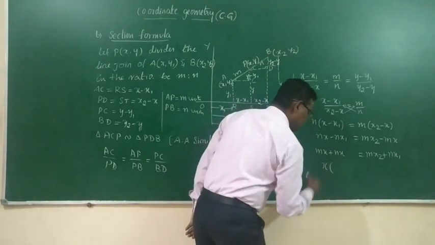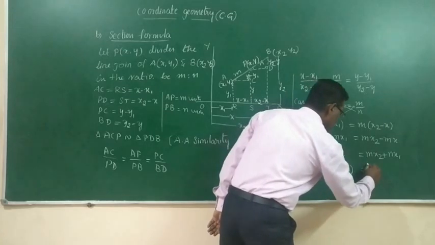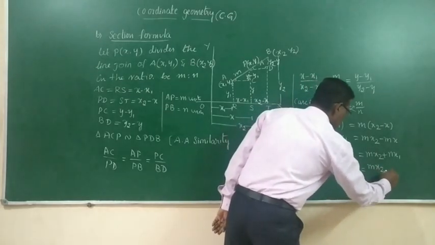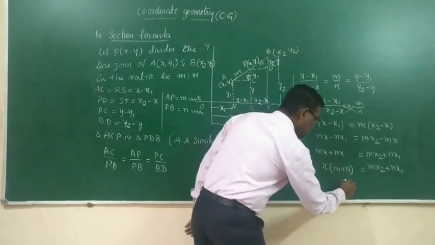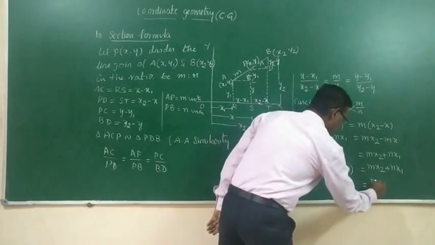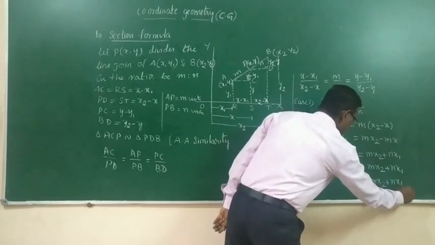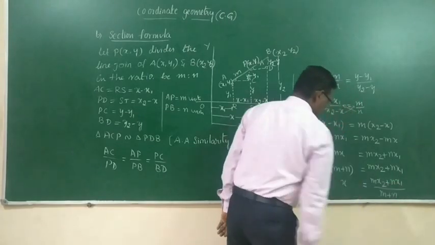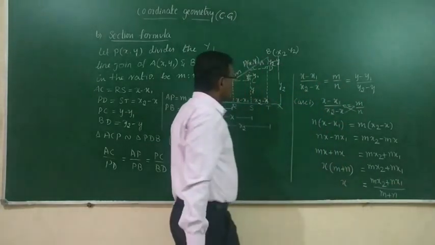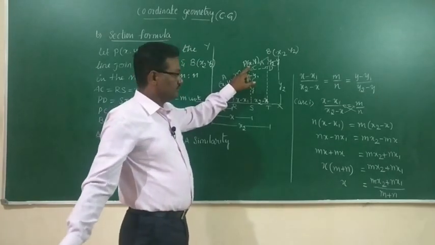Taking x as common factor, x times m plus n equals mx2 plus nx1. So x is equal to mx2 plus nx1 by m plus n. Yes, we got x, the x coordinate of the section point.